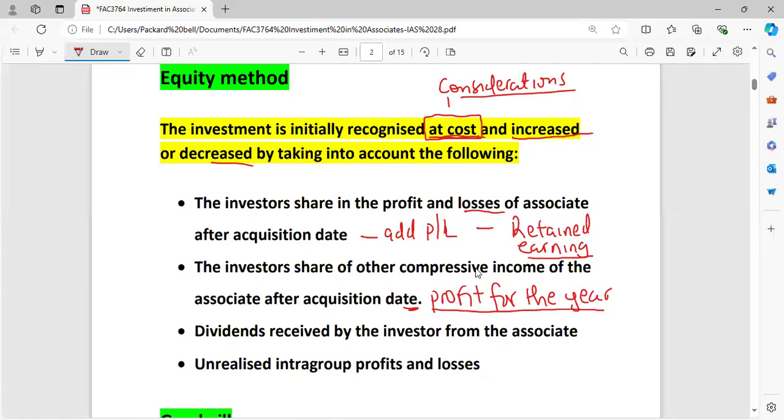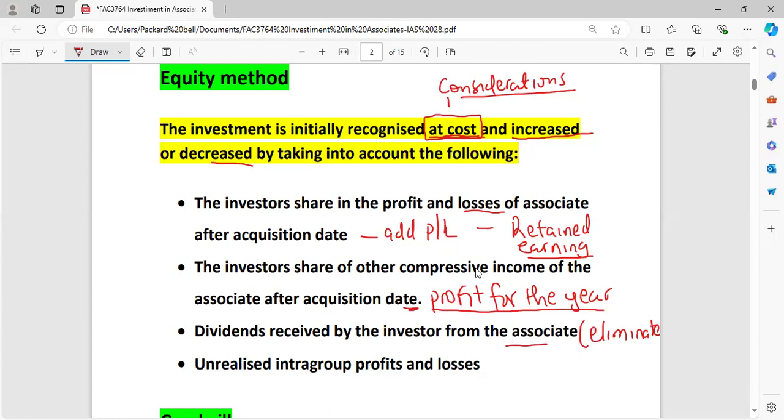Then dividends. If there is any dividends received from the associate, remember dividends we eliminate. So you are going to reduce the investment by the amount of the dividends which were received by the investor from the associate.